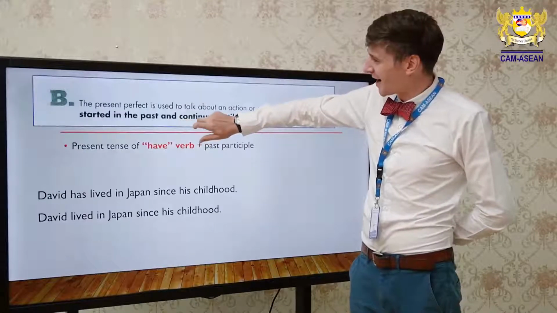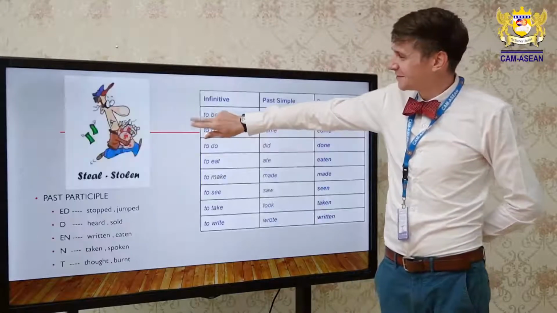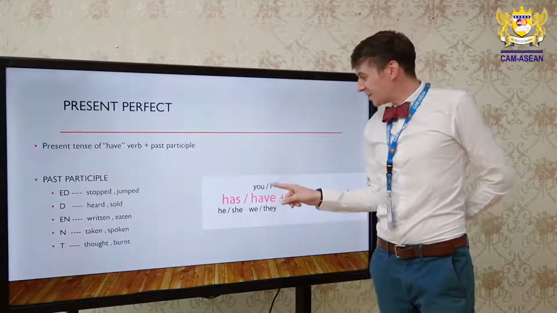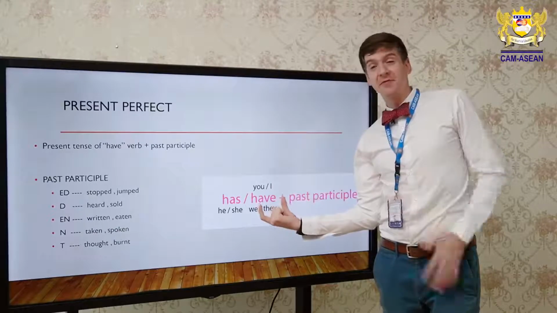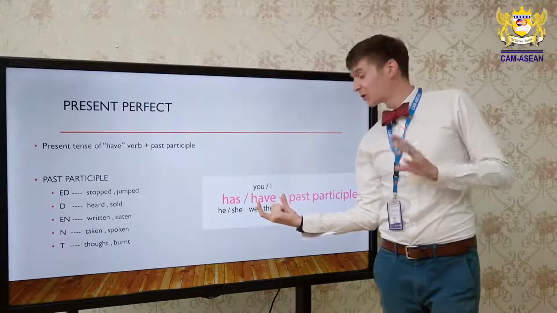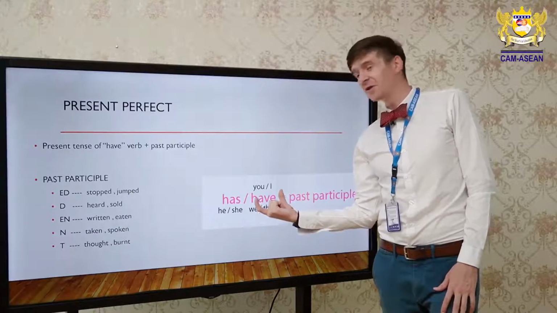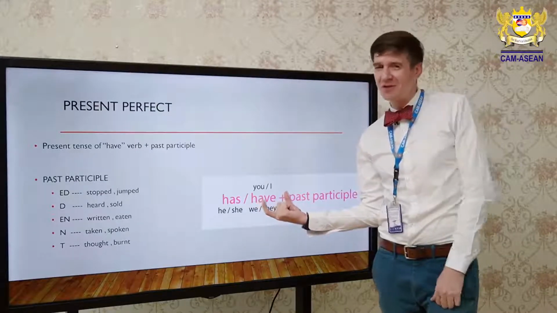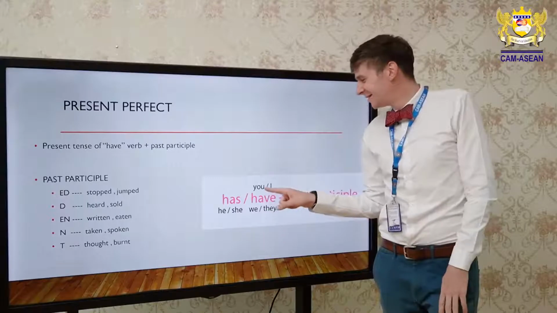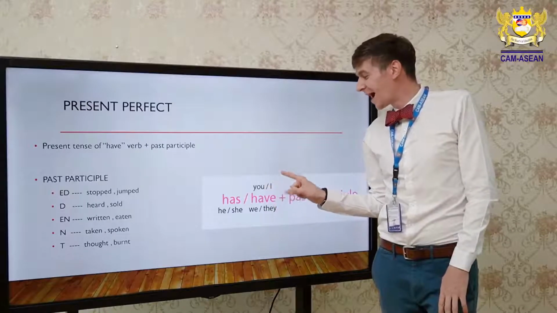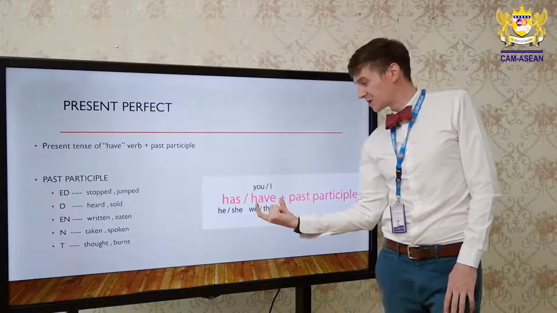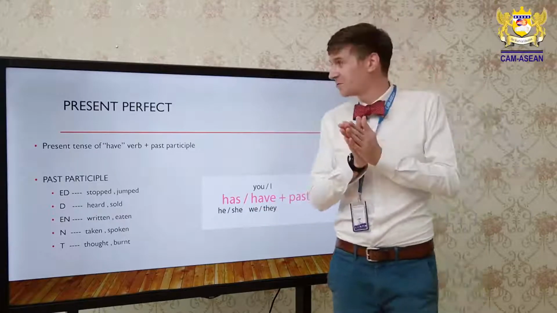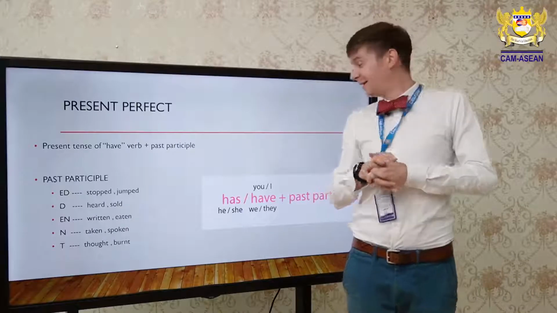You and I, we use this have form. Even though it's for a plural subject, it's just a little English rule that we have to bend, and we use you and I with this plural form, okay? So we know what present perfect looks like.